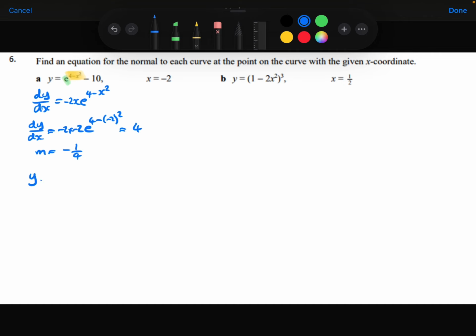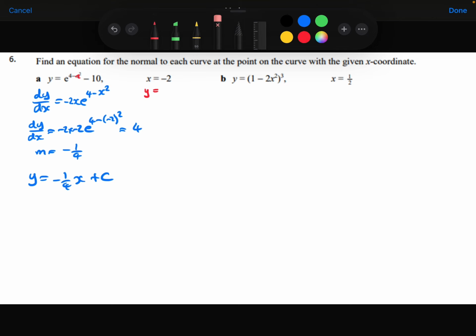I'm now going to do y equals mx plus c. I need to substitute a coordinate in now to work out my c. So I want to know what the y coordinate is when x is minus 2. So let's substitute minus 2 into this original function.